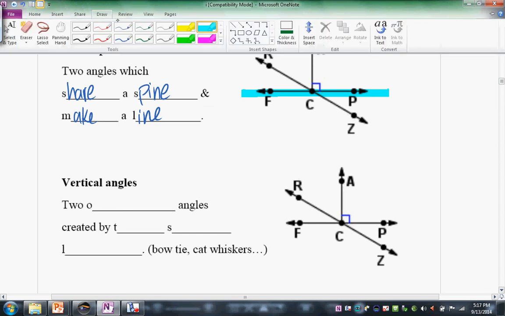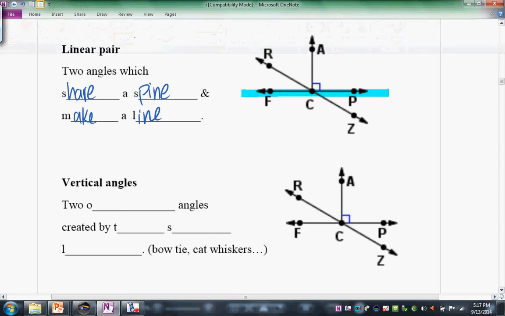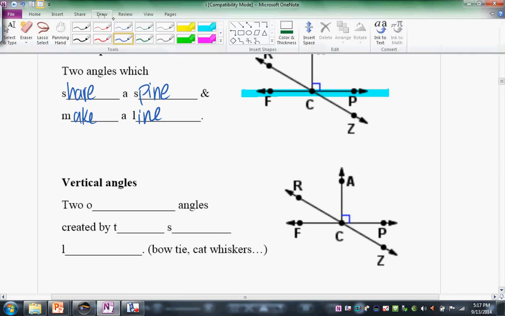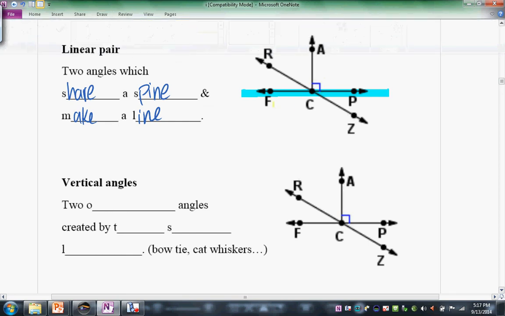Ready? Any two angles that are back to back, they share a spine, they make a line. That's a linear pair. So I'd like you to trace the angle FCZ. Trace the angle ZCP.